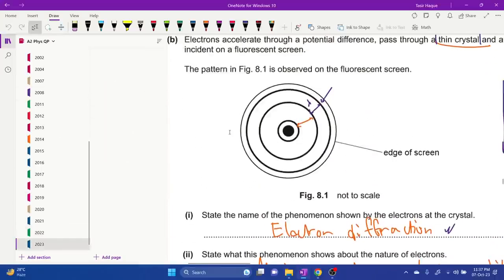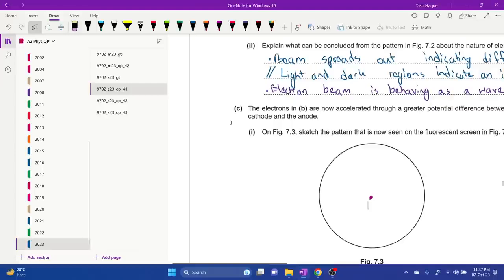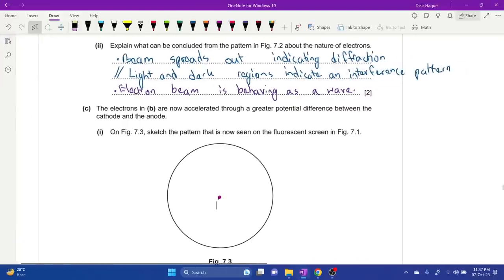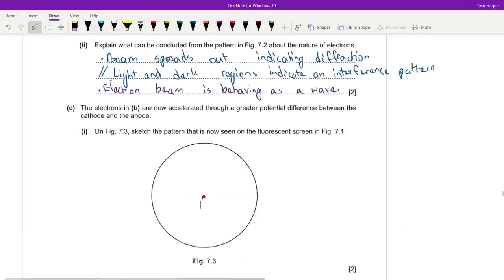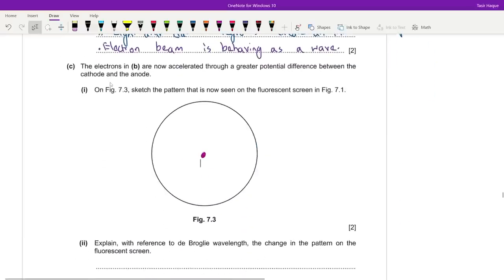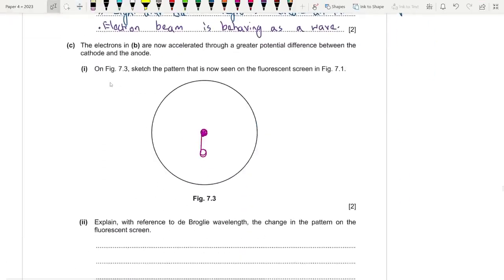So that's what we have to do over here. We have to draw the central blob at first, but afterwards the rings will be closer together compared to the previous state. So we have to draw a central blob. My bad. Right, here you go.